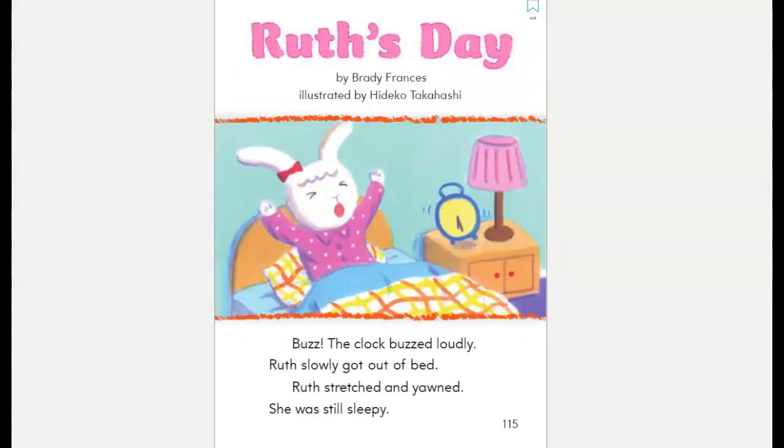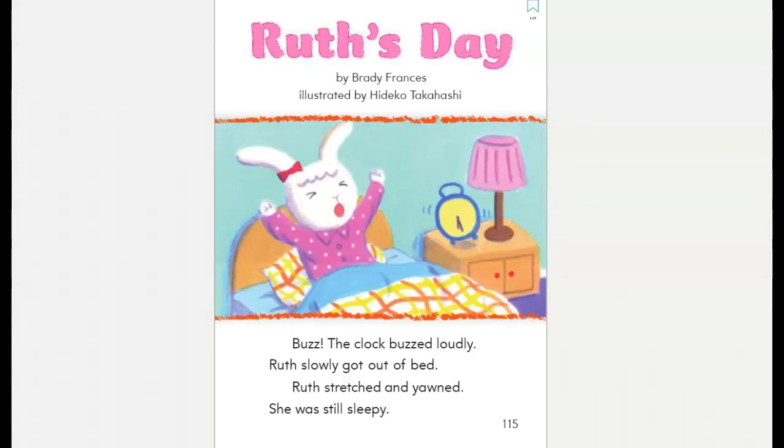In our story, we got to read all about Ruth's day. In this story, I noticed that Ruth and I do a lot of the same things during the day. Let's look back through the story, and you can count on your fingers how many of these things you also do in a day.